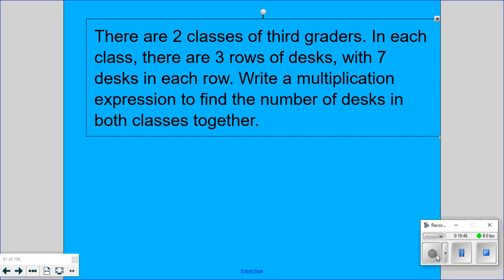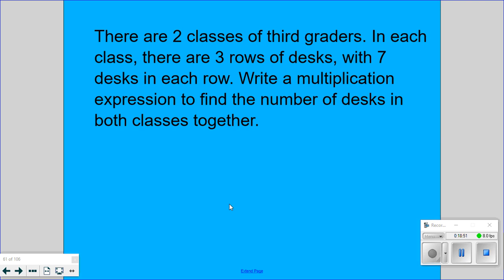Now, we don't necessarily need an answer sentence for this one because I don't have a question, but we're going to make a mini one. Blank desks. Like a mini answer sentence. There's no question. So we're not going to write a whole sentence, but we are going to write kind of like a mini one. All right, but we do still get a bar model.